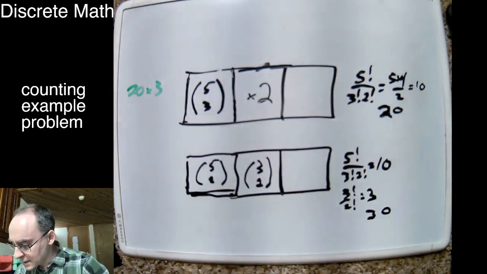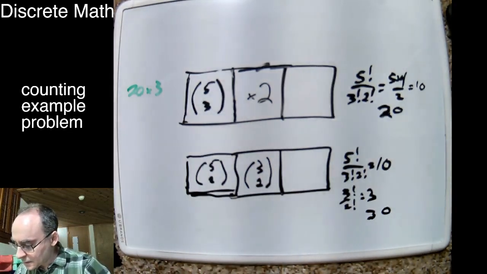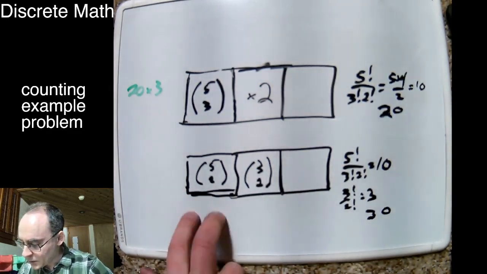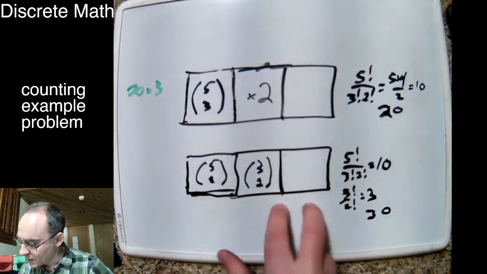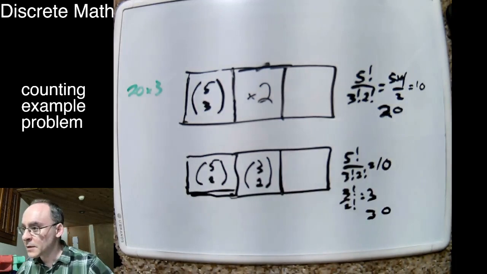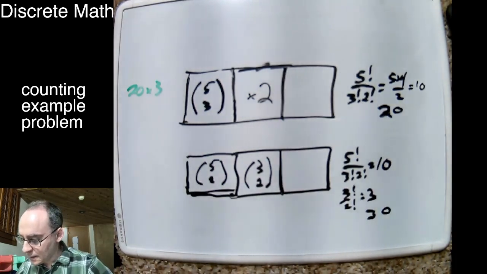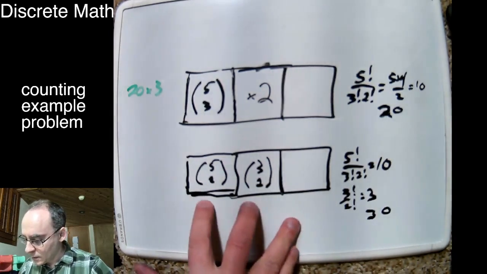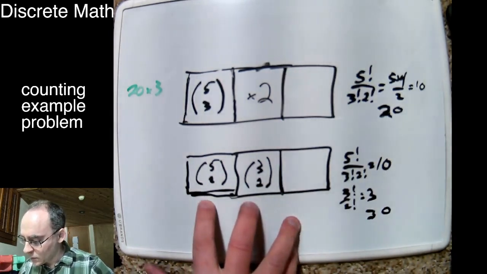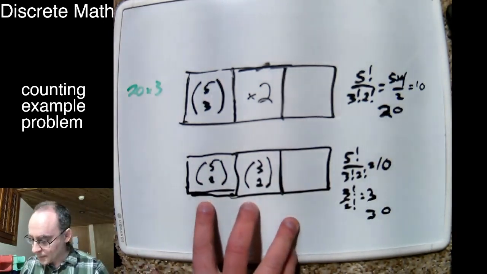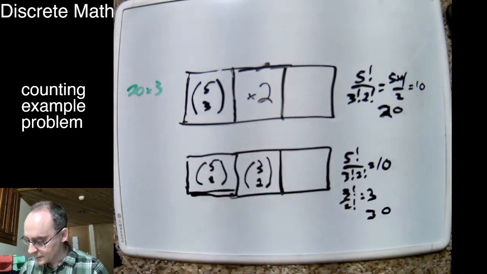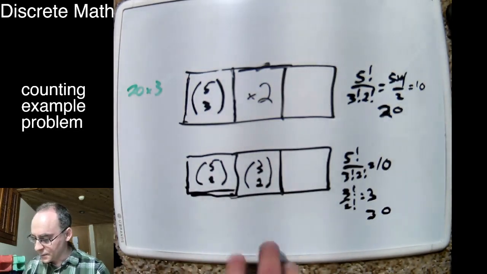If I look at this, here I've got 10 choices for the first box, and 3 ways of distributing everything else. And again, if the boxes are labeled, then we've got to think about how many possibilities there are.